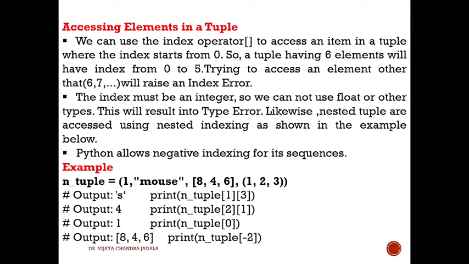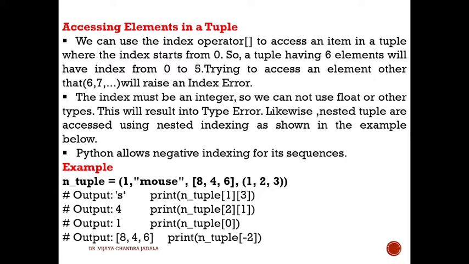Accessing elements in a tuple. We can use the index operator to access an item in a tuple, where the index starts from 0. So a tuple having 6 elements will have indexes from 0 to 5. Trying to access an index outside this range, such as 6 or 7, will raise an index error.